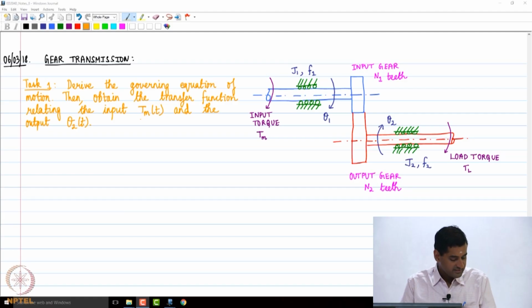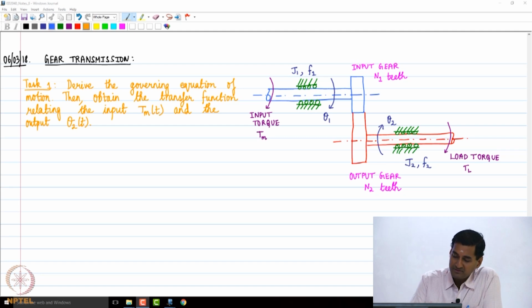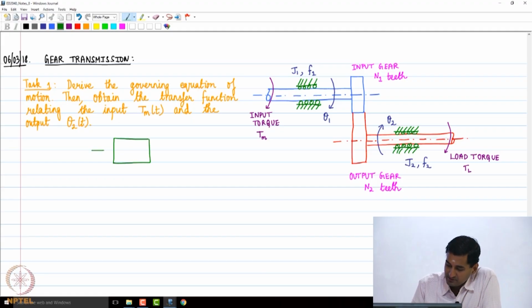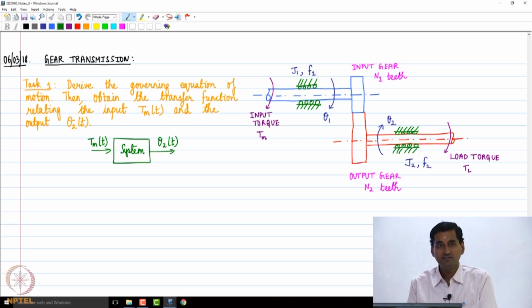We are going to consider this entire entity as a system to which we provide the torque Tm(t) as the input, and the angular displacement of the output shaft theta 2(t) is the output.